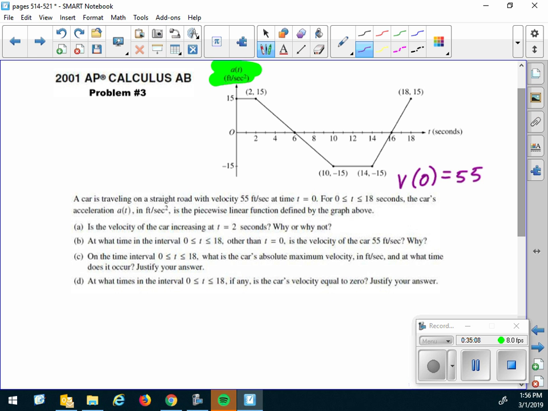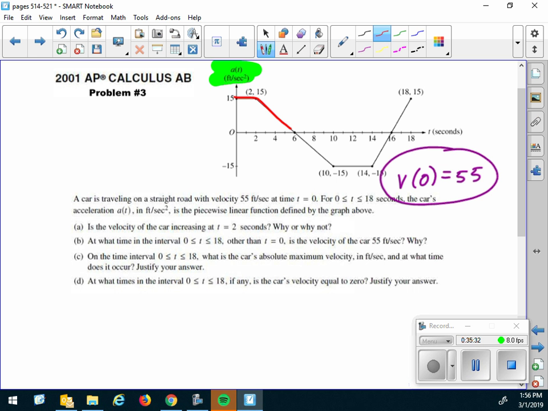At what time other than t equals 0 is the velocity of the car 55 feet per second? We were told at time 0 that the velocity was 55 feet per second. Now, here's what I need you to think about. From time t equals 0 to time t equals 6, what do we know about the velocity of the car?